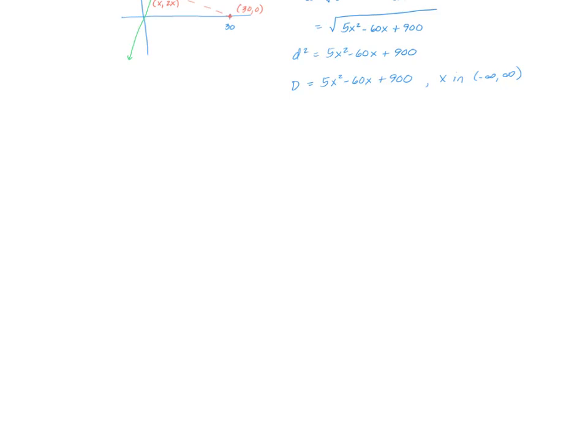And that derivative is going to be 10x minus 60. So if I set this equal to 0 to find my critical points, I have that x is equal to 6. So I have no choice here. I'm going to have to use theorem 4.5.